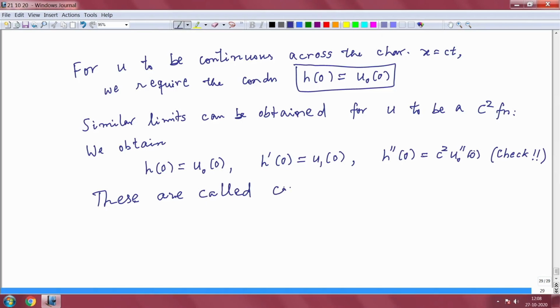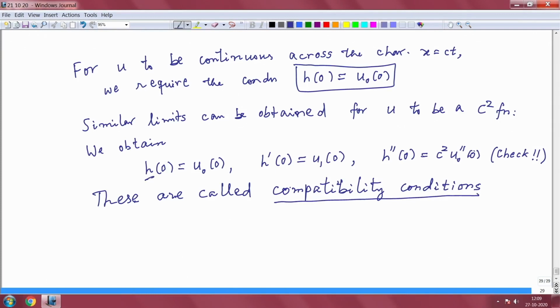Compatibility conditions are those that are required to be satisfied between the boundary data and the initial conditions.